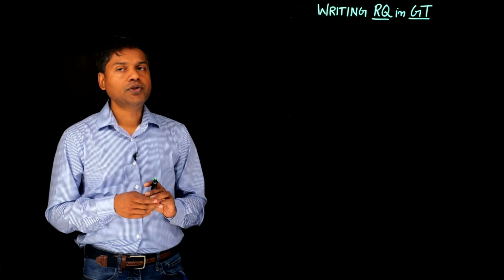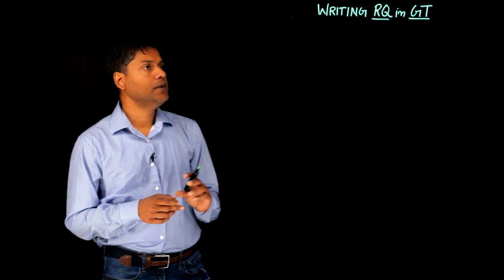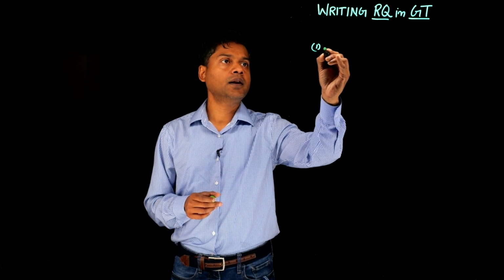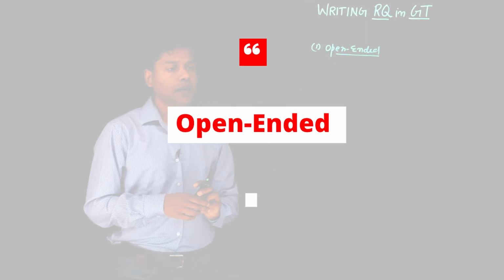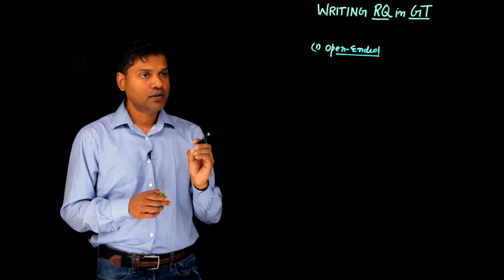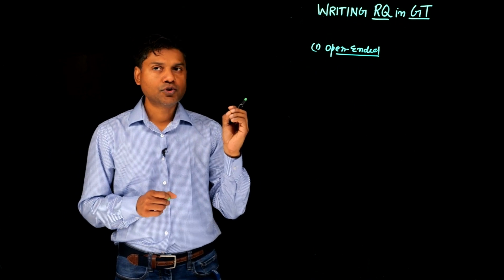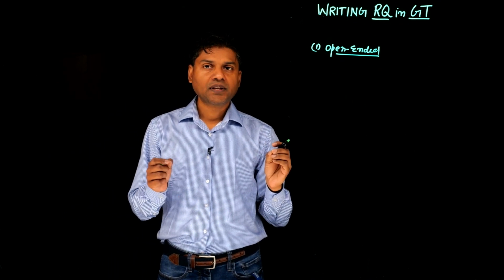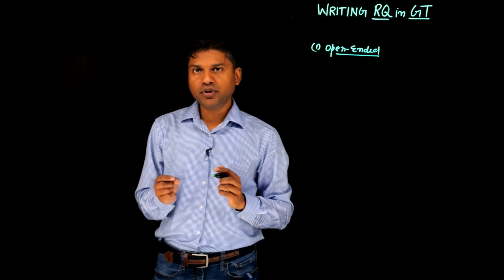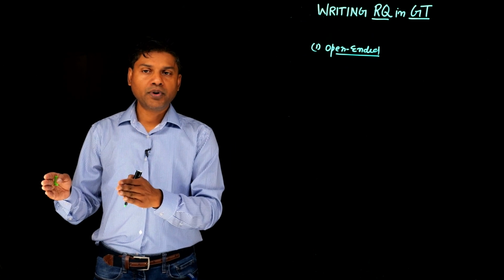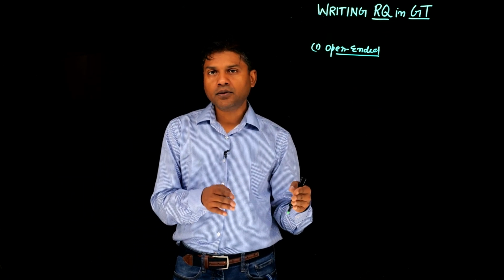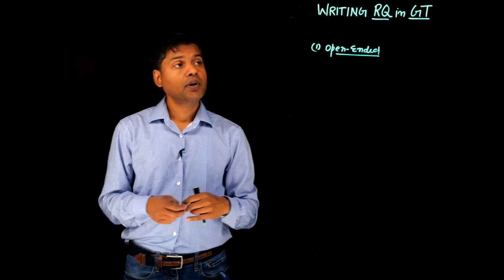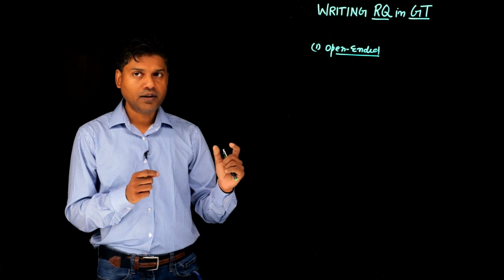So research question in grounded theory, first of all, they are open-ended. Open-ended meaning that unlike quantitative research where the questions are more specific, such as, is there a relationship between room temperature and student performance? The answer will be either yes or no. So that's more closed-ended question.